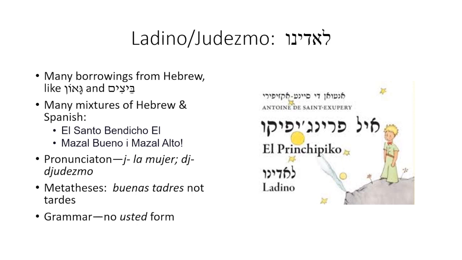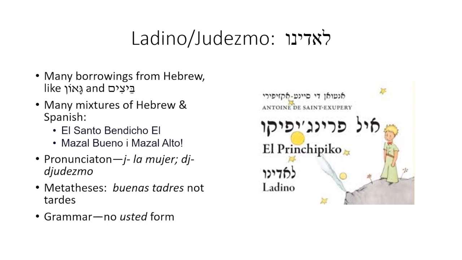Ladino has an awful lot of borrowings from Hebrew. Words like gaon, meaning an expert or a scholar, or beitzim, which means eggs. And there are mixtures of Hebrew and Spanish. So, for example, el santo bendicho el.